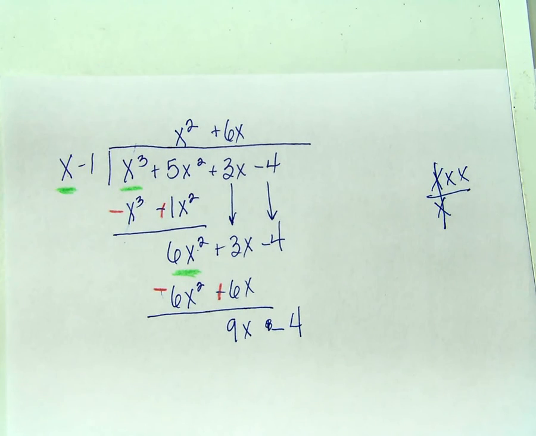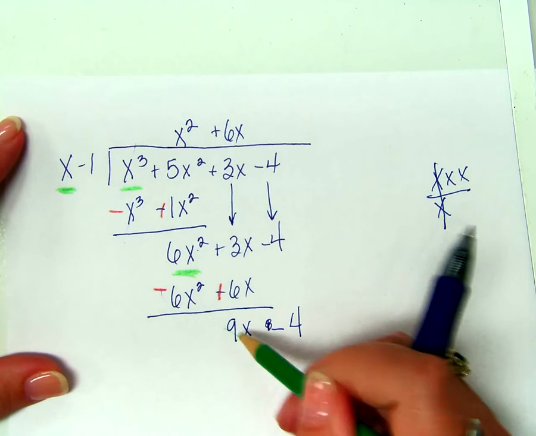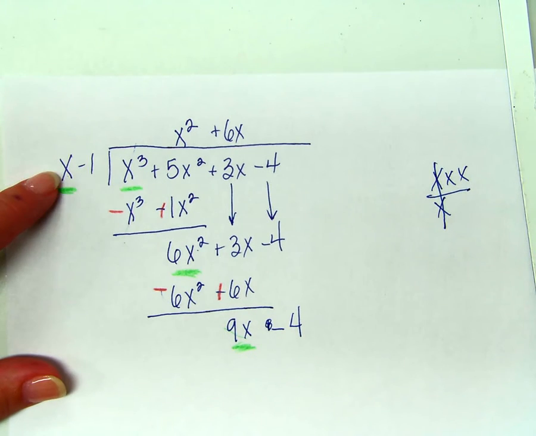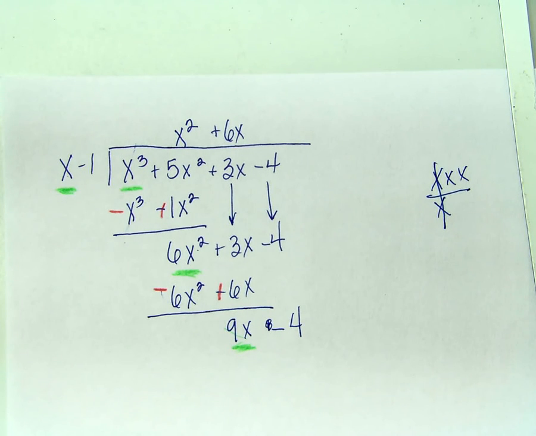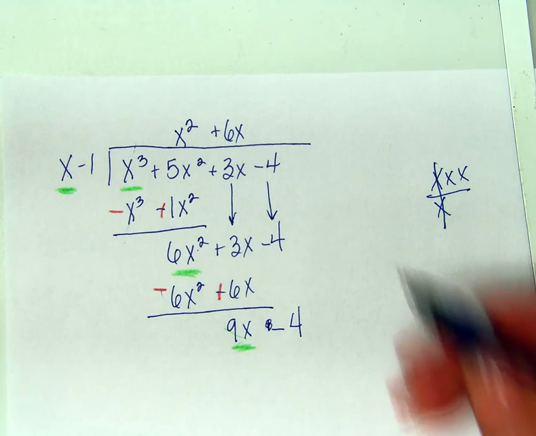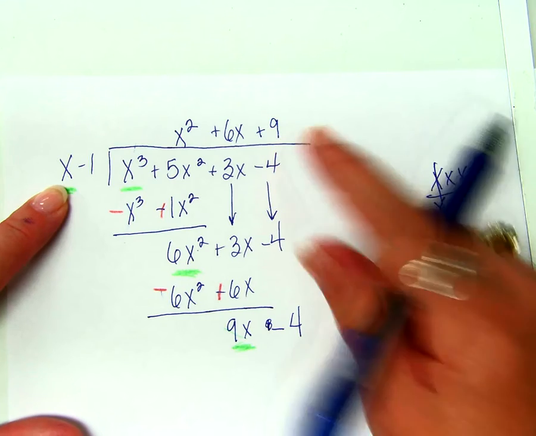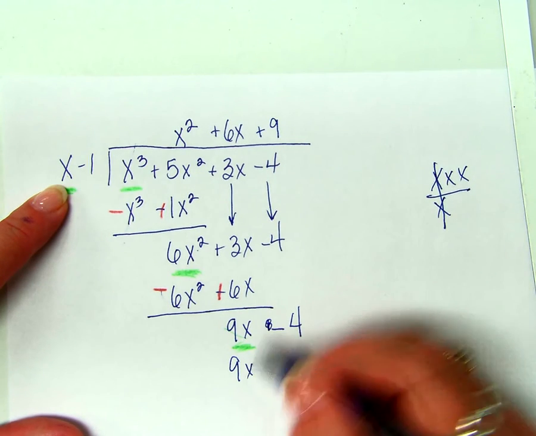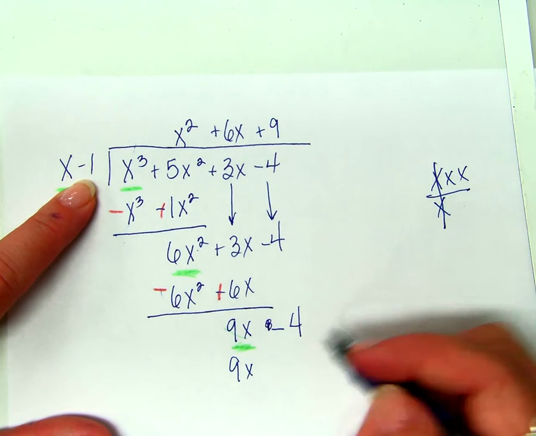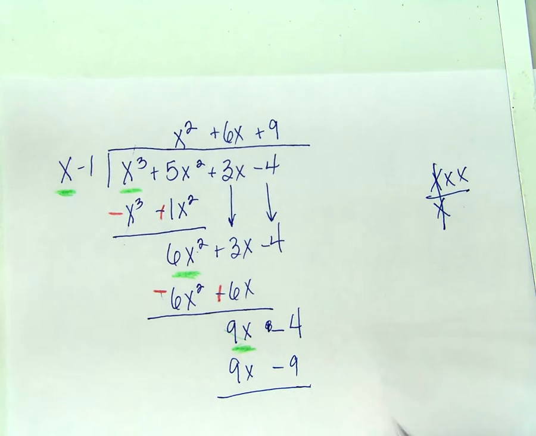And now I start again. First term. First term. What's 9x divided by x? 9. Good. It's 9 times x. 9x. What's 9 times negative 1? Negative 9.